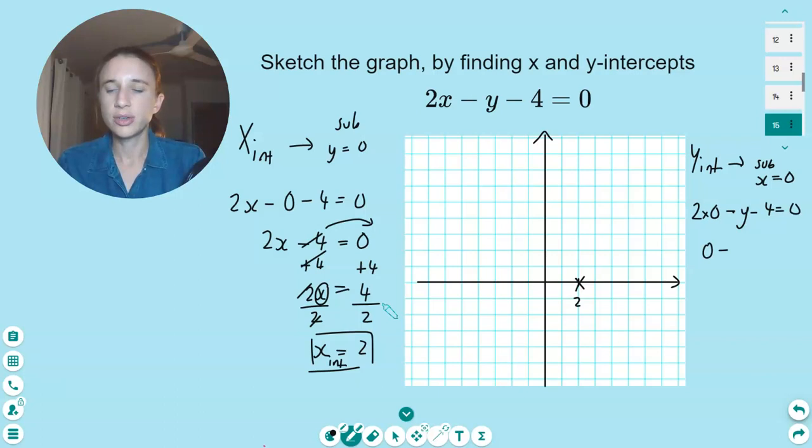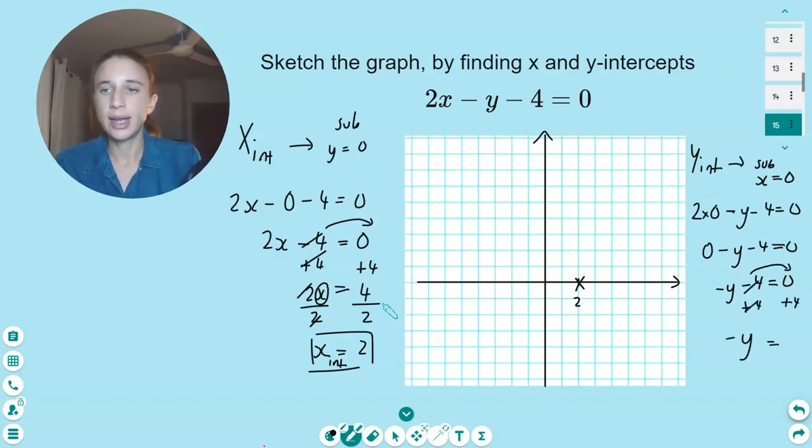So we've just got 0, take y, take 4 equals 0. Negative y, take 4 equals 0. I've got to get my normal numbers over to the other side. So I'm going to plus 4 on both sides. That will cancel. And we've got negative y equals 4. Divide by -1 on both sides. Y equals -4, and that's our y-intercept.